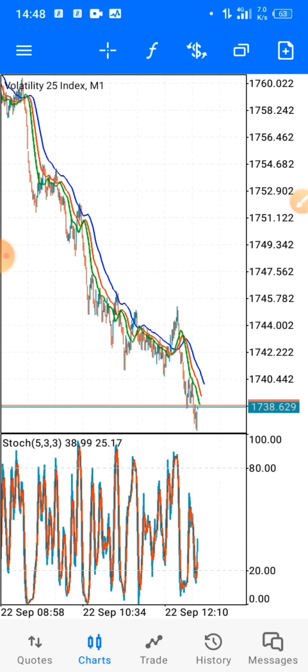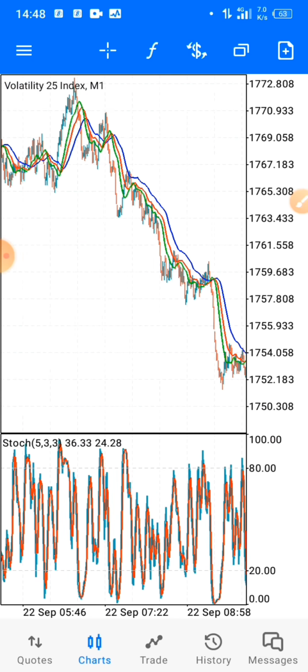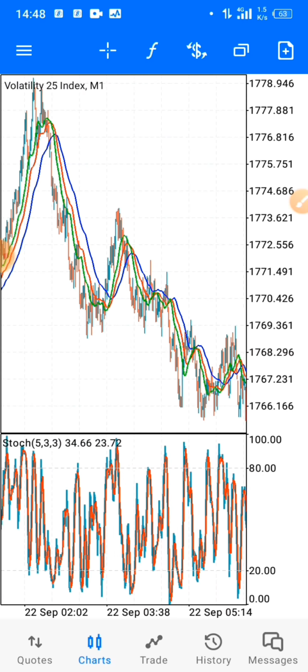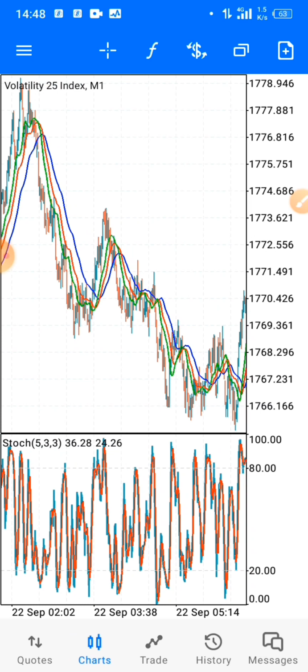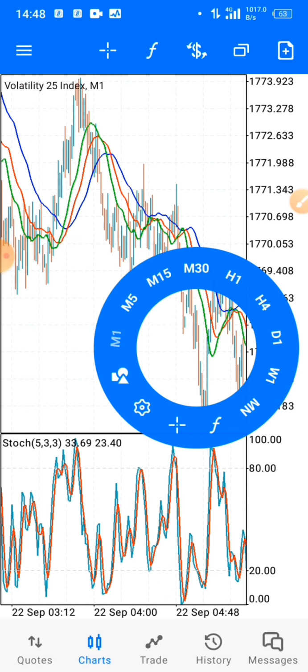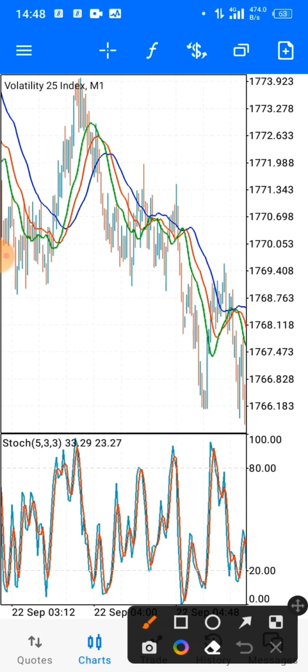Let's go to the 1 minute time frame. After we have gone to the 1 minute time frame, we are looking for when these moving averages cross. Let me zoom in. Here they cross. After they cross, we will be waiting for them to pull back to these EMAs.